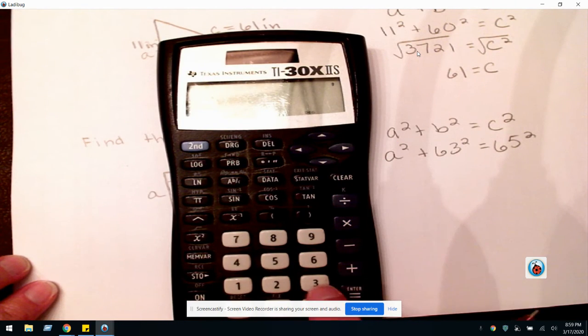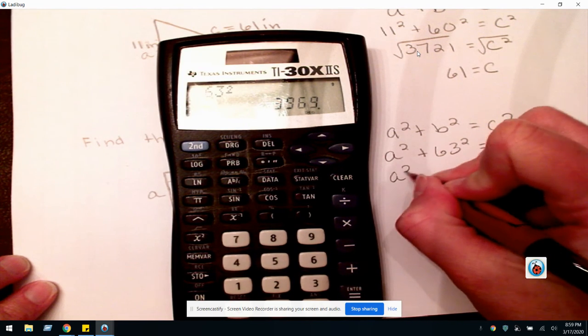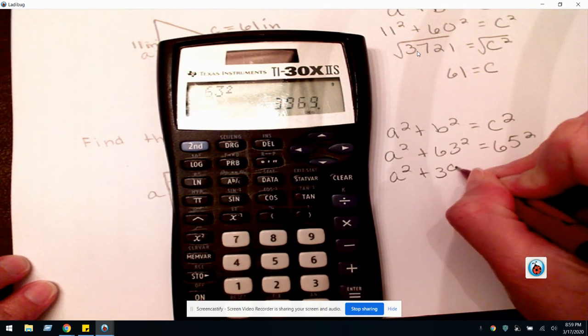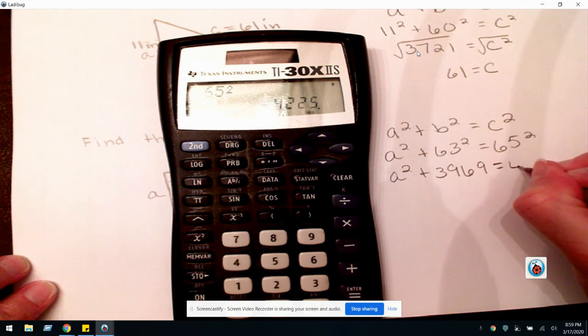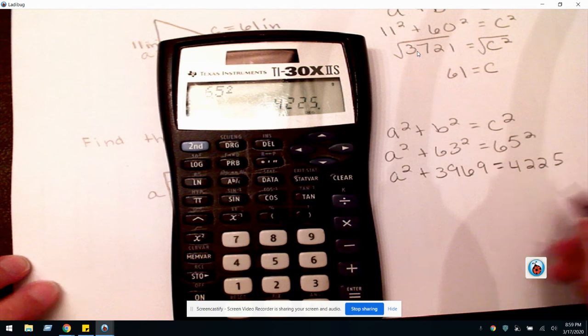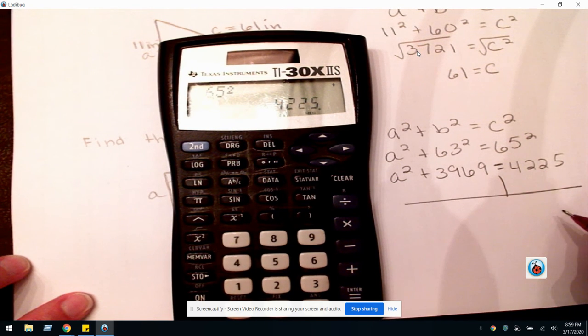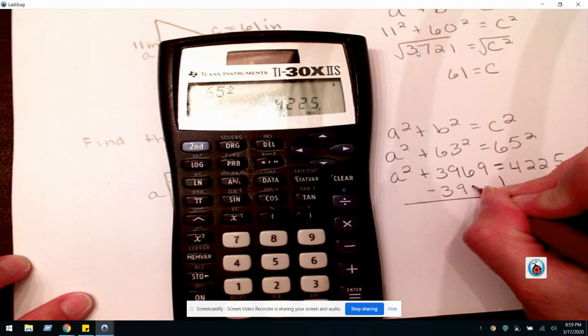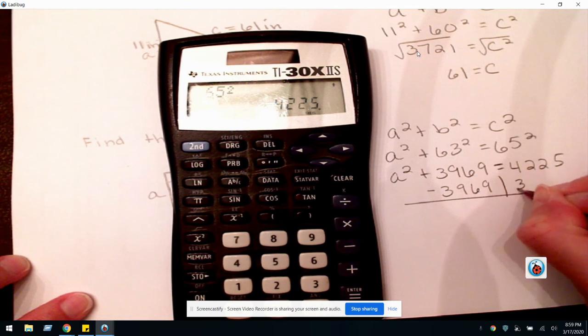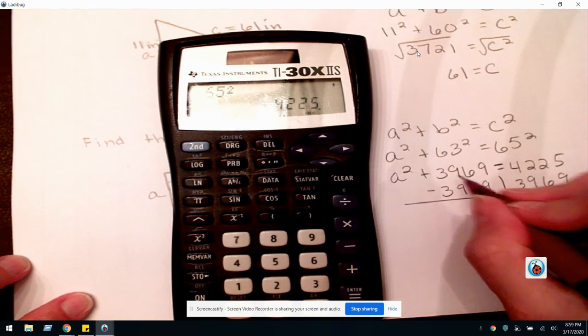So here I'm going to plug in 63 squared. All right, so I've got 3,969, and then 65 squared is 4,225. To get A by itself, which is my whole goal here to find out what A is, I subtract 3,969 on both sides.